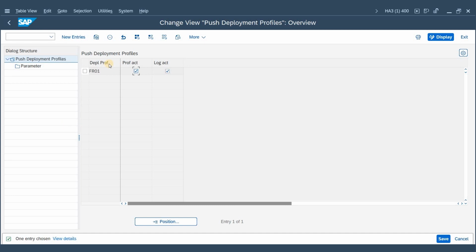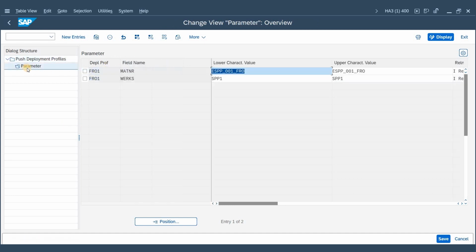Right now we have just one profile maintained, and when we are looking at the parameters, we see that we have specified actually our demo product eSPP_001_FRO, and as a location we have specified SPP1.